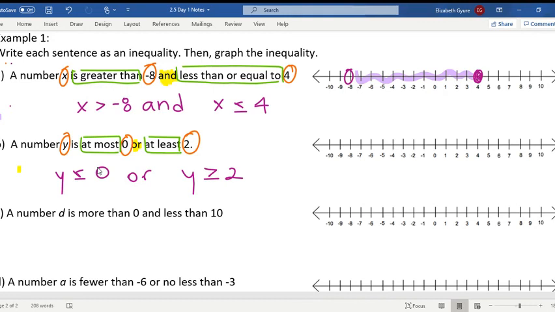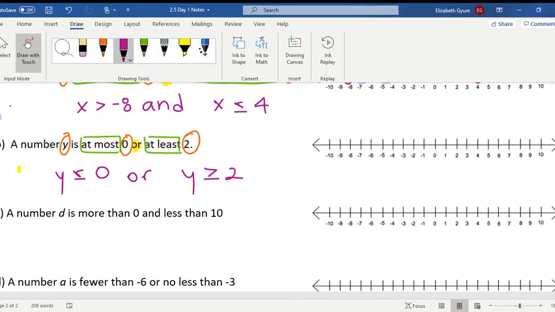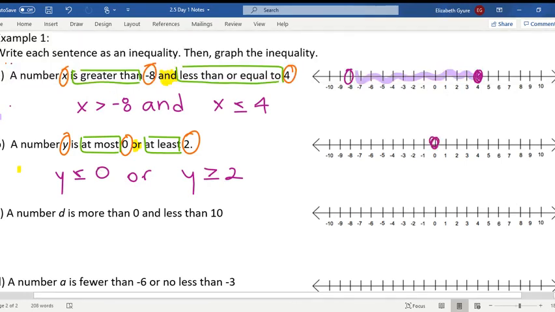So, we have a 0. Peyton, do you think it'd be an open or a closed circle at 0? Thank you, Peyton. It would be closed. All right, closed circle at 0. Aaron, what about at 2?